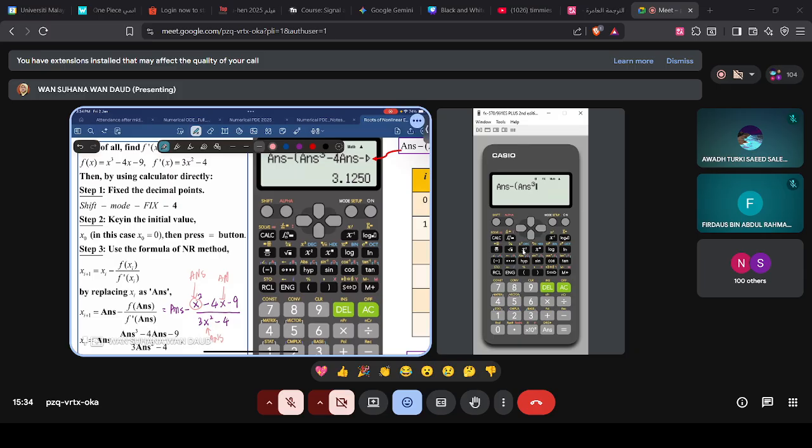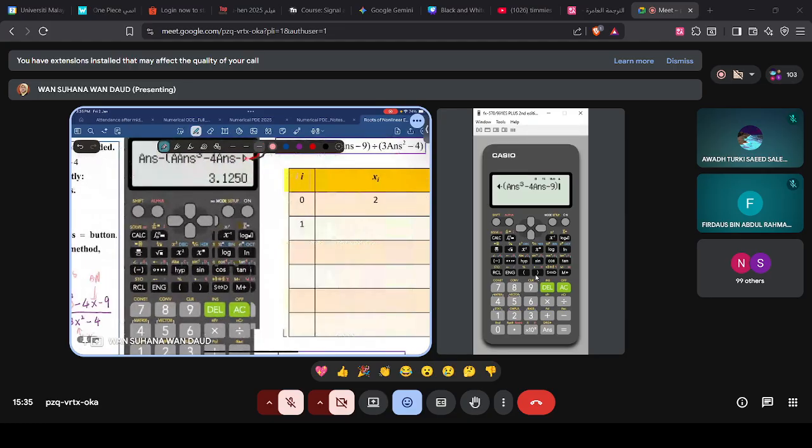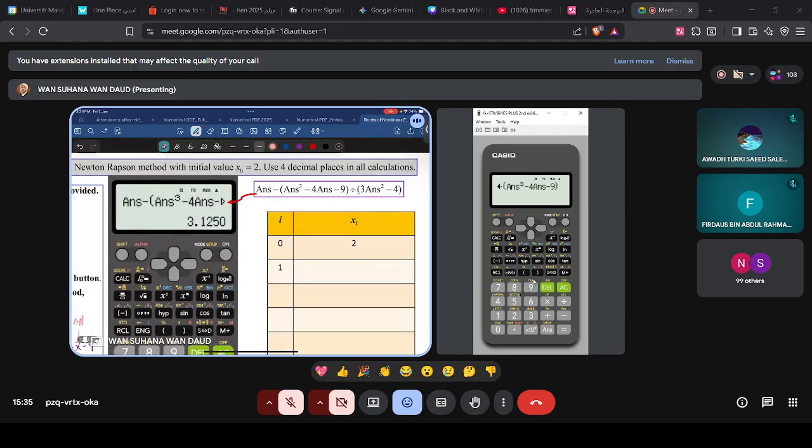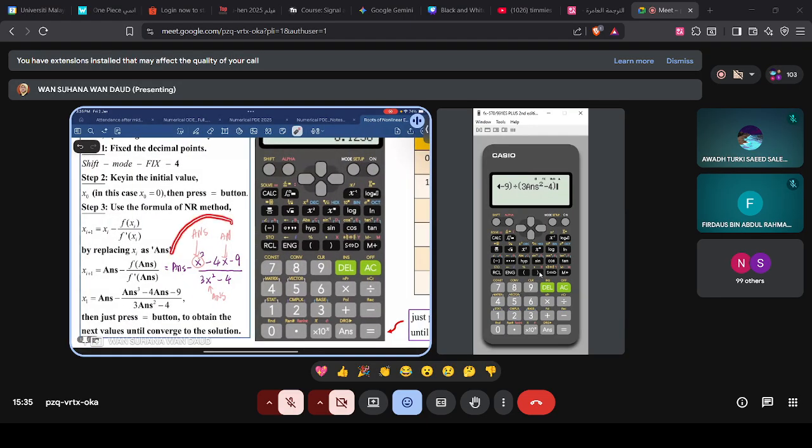So ans to the power of 3 minus 4 ans minus 9, close the bracket. As you can see, I already wrote here. Divide, open the bracket, 3 ans to the power of 2 minus 4. Close the bracket. It's according to this.